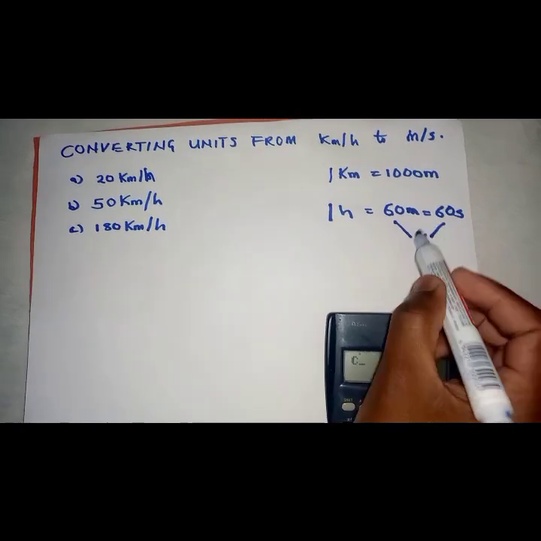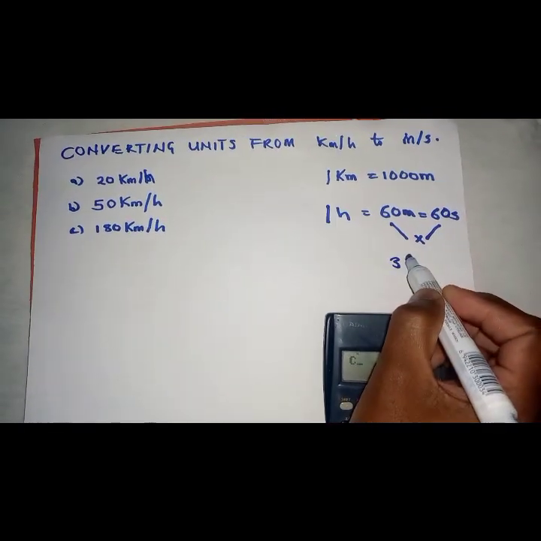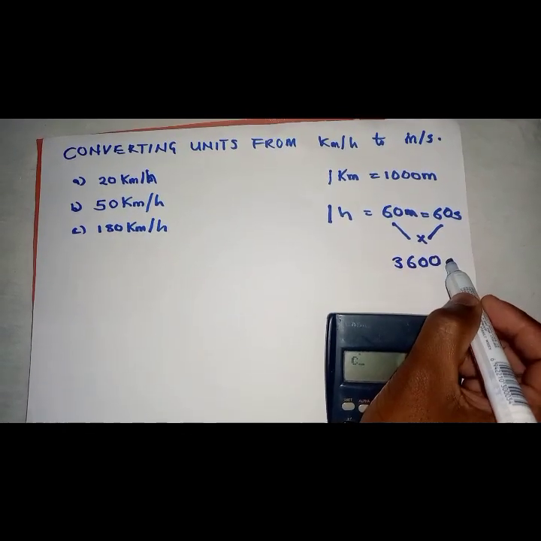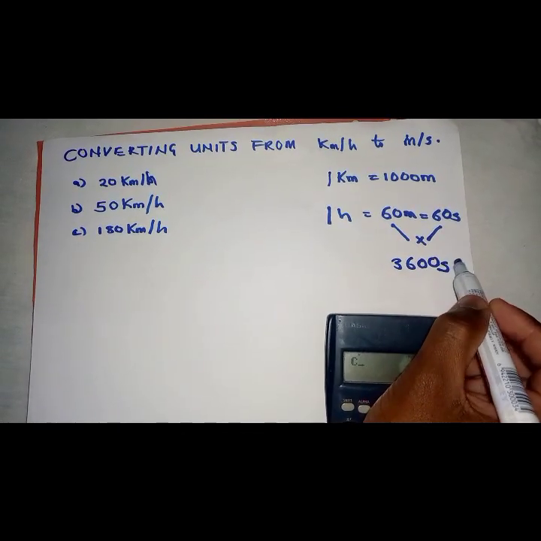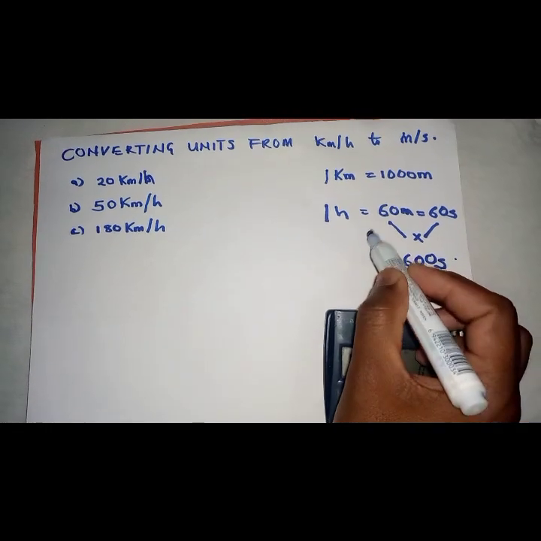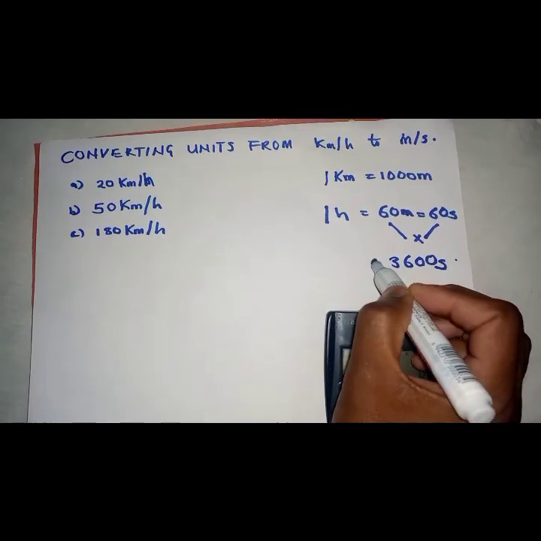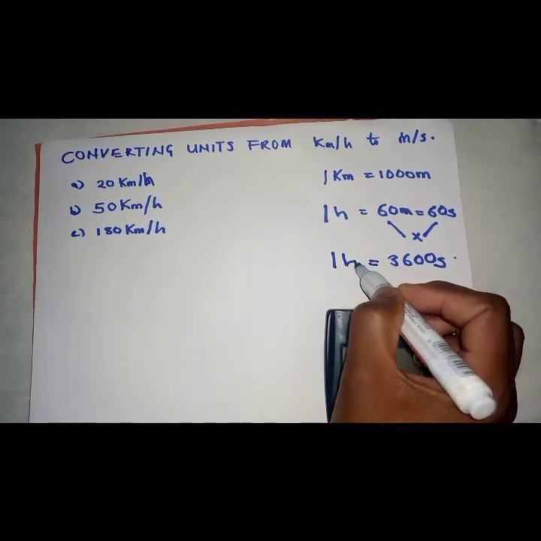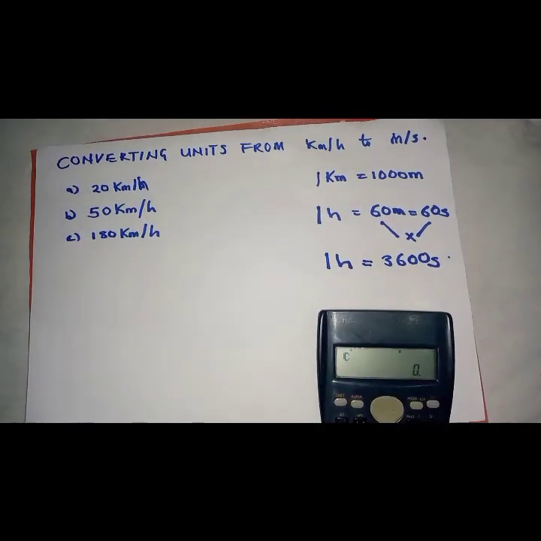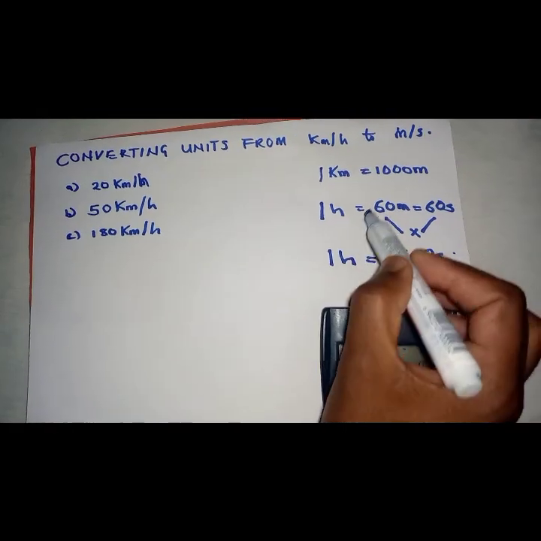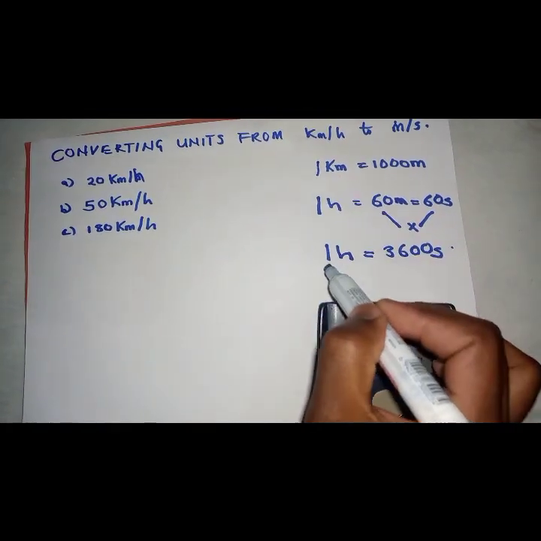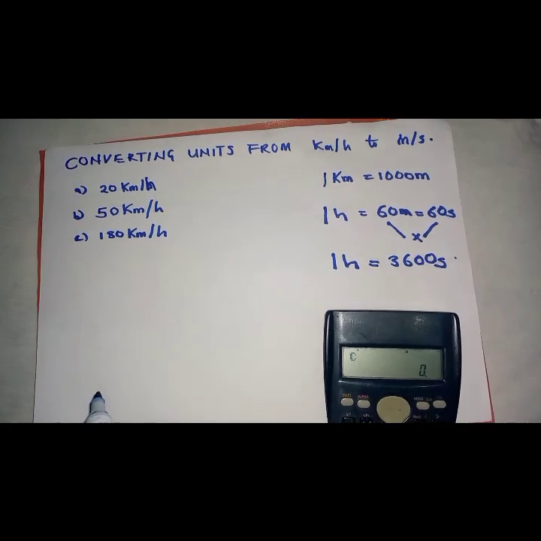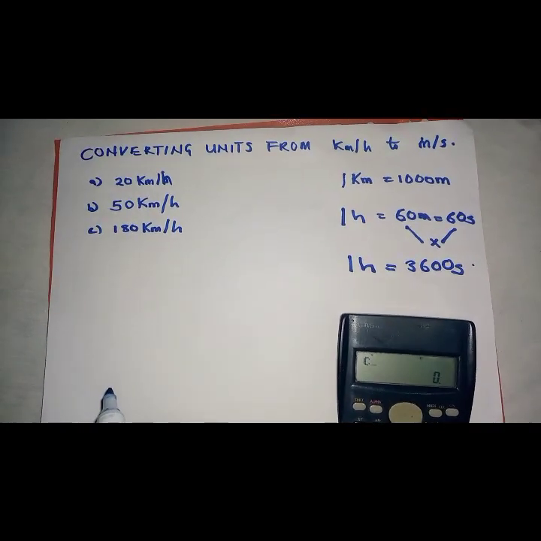So when we multiply these, we are going to have 3,600 seconds in 1 hour. So 1 hour is equal to 3,600 seconds. So this is very important for us to know before we start doing anything here. So let's start.